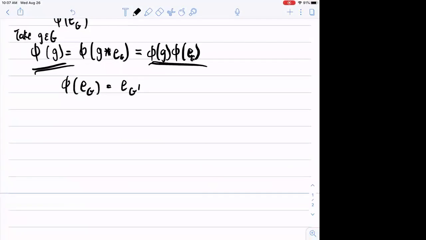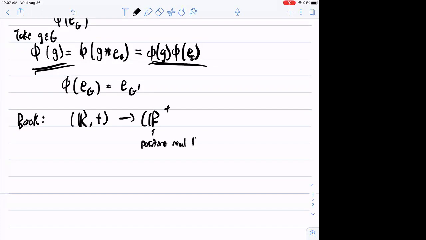Okay. So let's do an example. This is in the book. It's pretty easy to understand, so let's just do it. You have R to R plus. Basically, this is positive real numbers under multiplication.